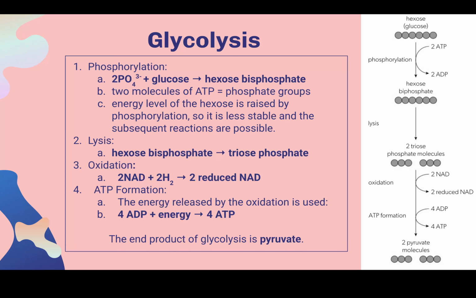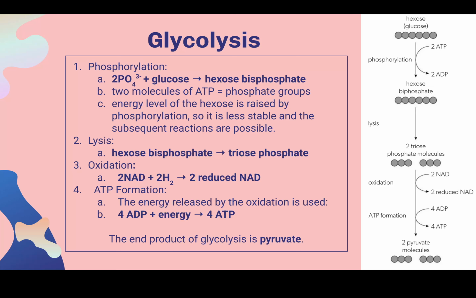And then 4 ADP molecules: as we know before, it went from 2 ATP to 2 ADP. Here it goes from 4 ADP to 4 ATP, which shows that 2 extra ATP were created here than were lost in the beginning, which means that the net energy released is 2 ATP in this glycolysis reaction.